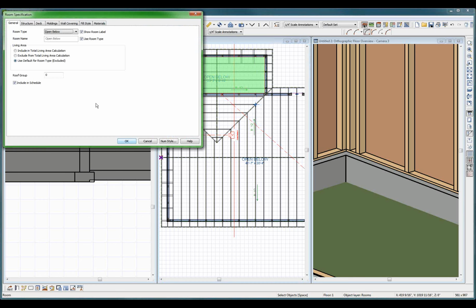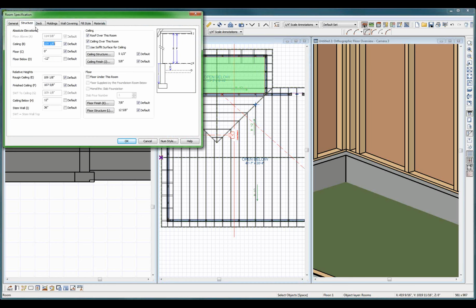Okay, is this room the same? Floor below. Oh, floor below is... No. Floor below is minus 24. And I want a stem wall of 48.